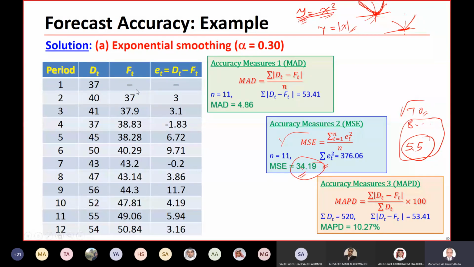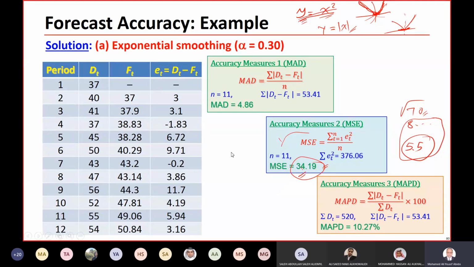Which gives you an error; when you take 37 as zero error, it will not add much to the summation here, and you divide by 12, it doesn't matter. What I want to say is that whatever the definition here is, if you implement the same definition for other methods, then you can compare with this value, either 4.8 or 2.3 or 4 and so on, right?